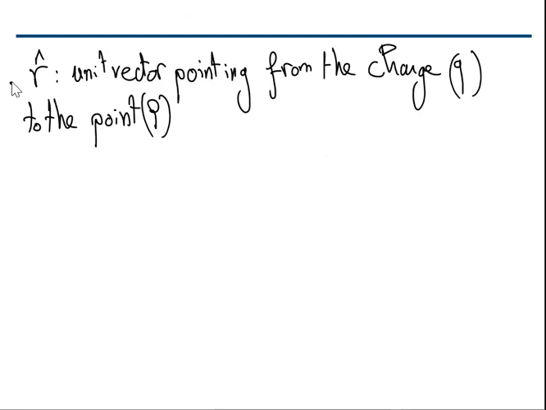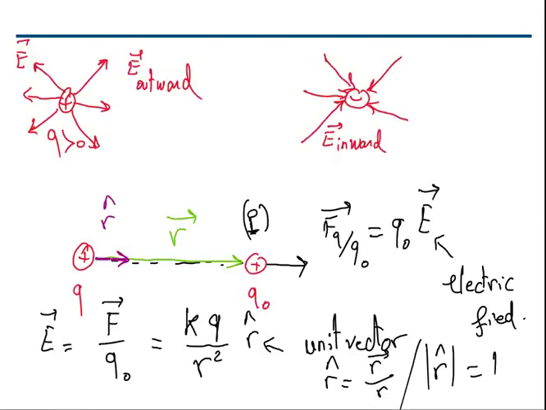Is it okay? This is very, very important. So the unit vector R hat is pointing from the charge Q, responsible for the production of the electric field, to the point P, where we want to calculate the electric field.